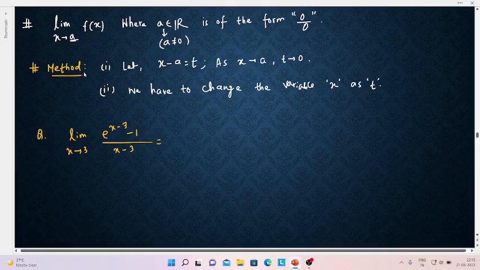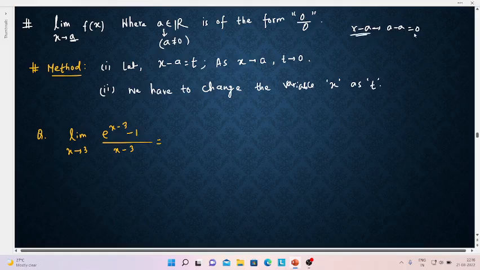So the method says we have to let x minus a be t, right? As x tends to a, x minus a will tend to a minus a, which is nothing but 0, right?